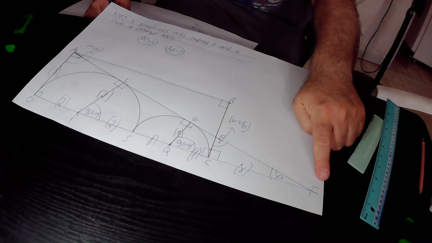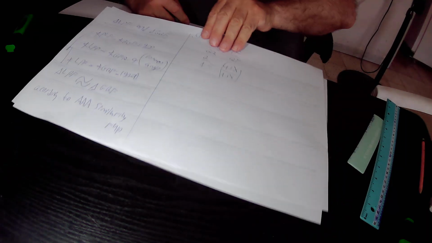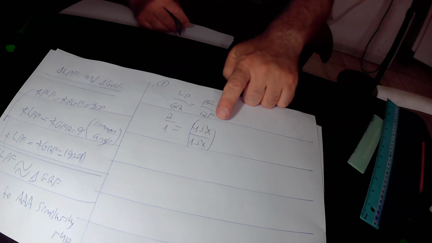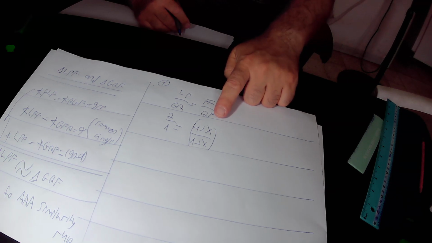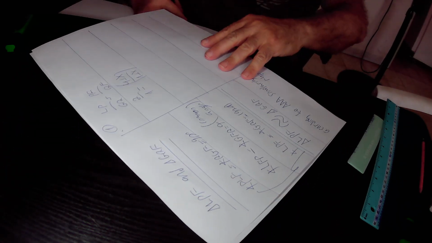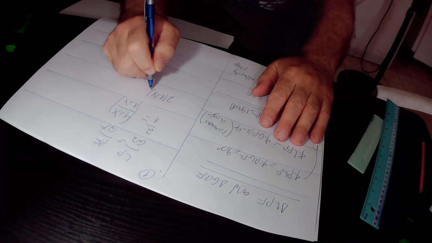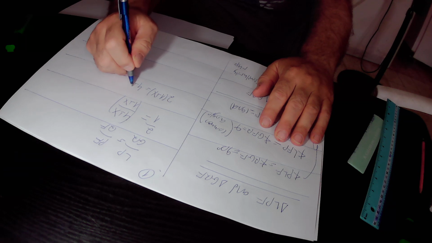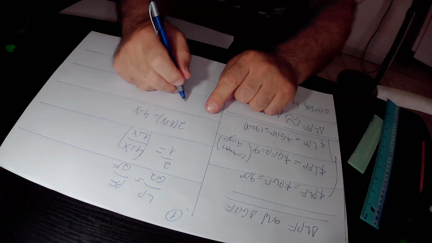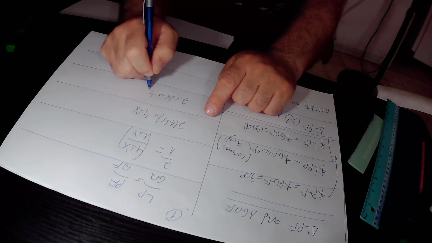So in conclusion, we found out that 2 equals 4 plus x over 1 plus x. Here we multiply this equation by 1 plus x, and we get that 2 times 1 plus x equals 4 plus x. Here we open the brackets on this side of the equation, and we get that 2 times 1 is 2, plus 2x equals 4 plus x.